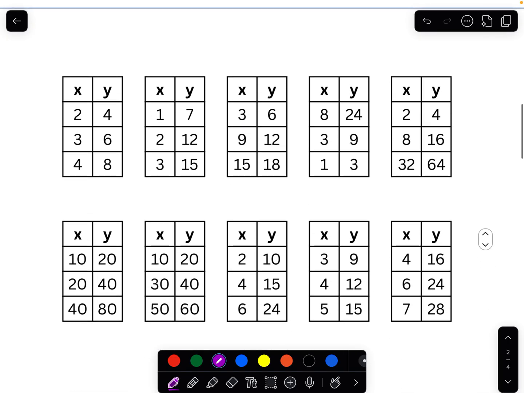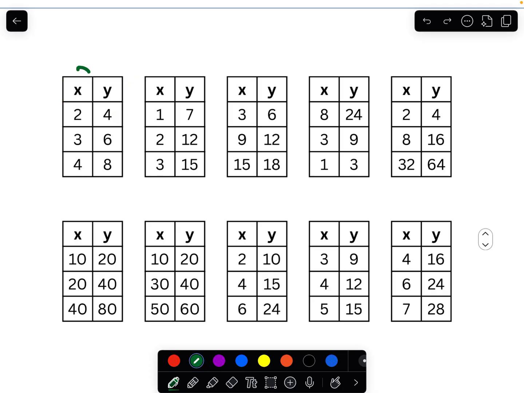Now, these tables come from a worksheet that I gave to my students, and I asked them to circle the tables that do not show a proportional relationship. And you're going to notice that these tables have an X column and a Y column.